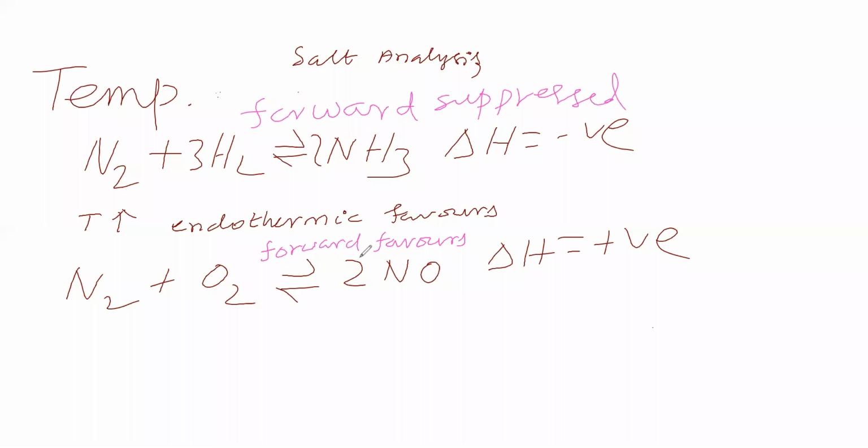Now, since forward is favored, how will the equilibrium constant be? Think about it. Equilibrium constant is A into e power minus delta H by RT.